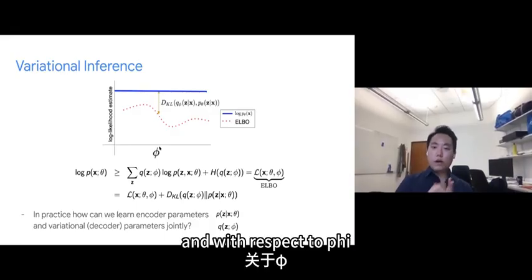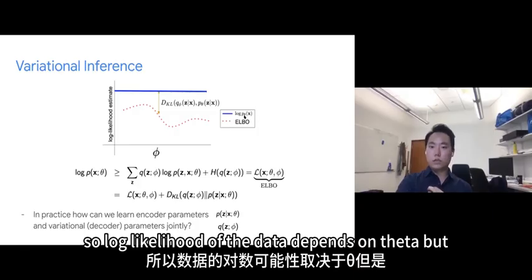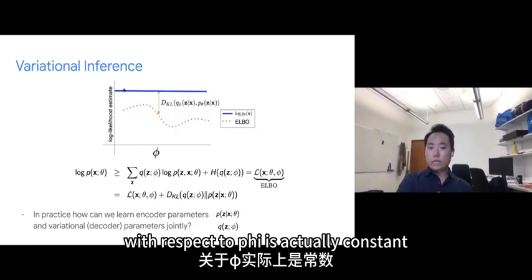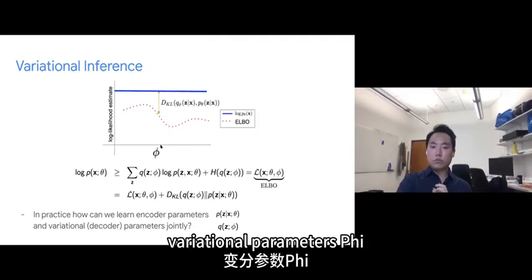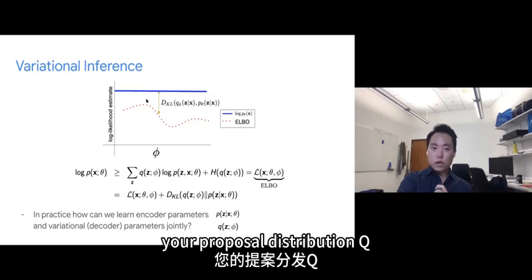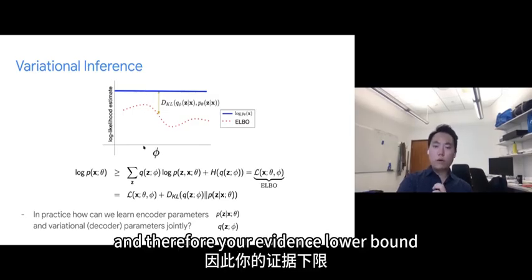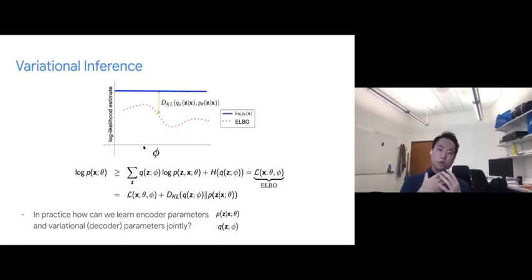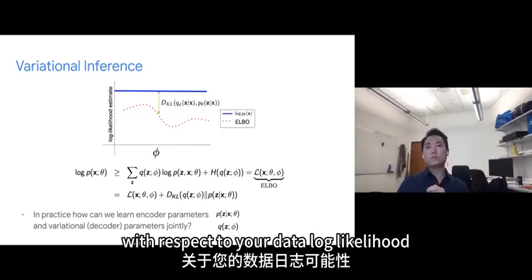And with respect to phi, the log likelihood of your data is actually constant. The log likelihood of your data depends on theta, but with respect to phi it is constant. So the goal here is to find a good setting of these variational parameters phi such that the KL divergence between your proposal distribution Q and P is as low as possible, and therefore your evidence lower bound is as tight a lower bound as possible with respect to your data log likelihood.